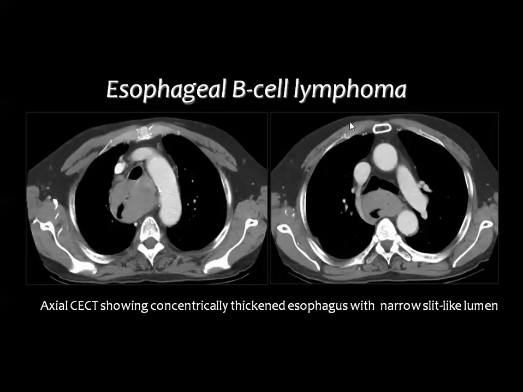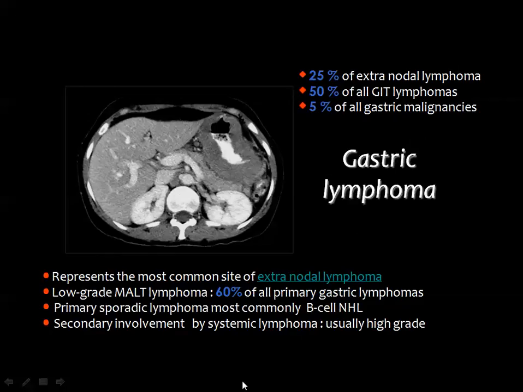And gastric lymphoma represents about 25% of extranodal lymphoma, 50% of GIT lymphomas, 5% of gastric malignancies, and it is usually in about 60% of the low-grade MALT lymphoma type.